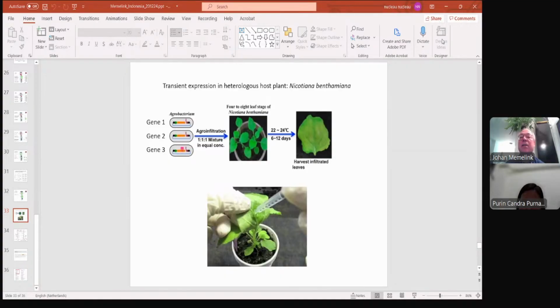Can I see the chat box? Is the question already there?